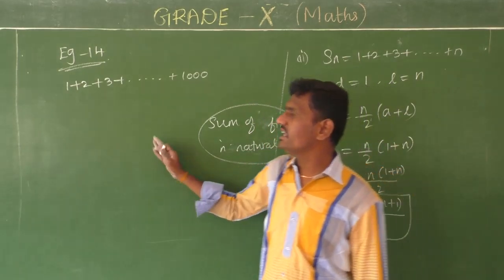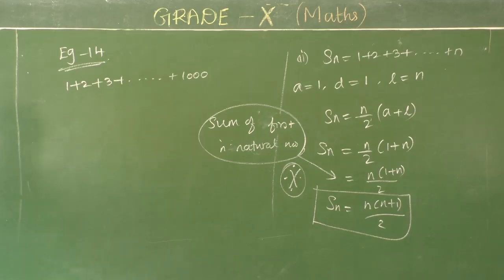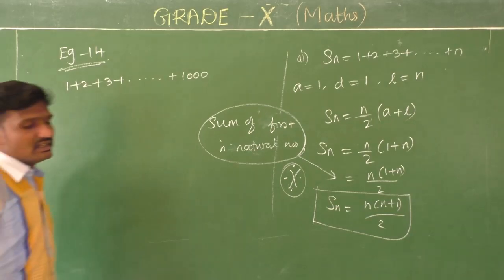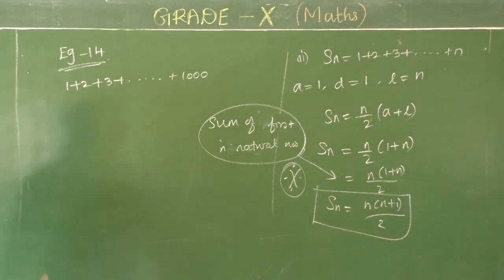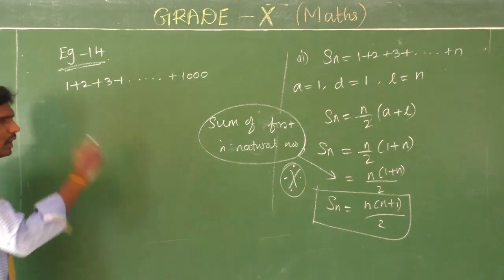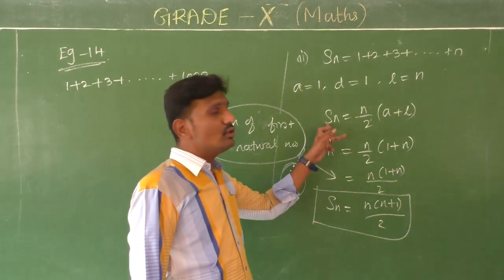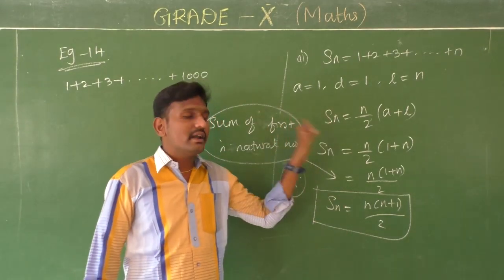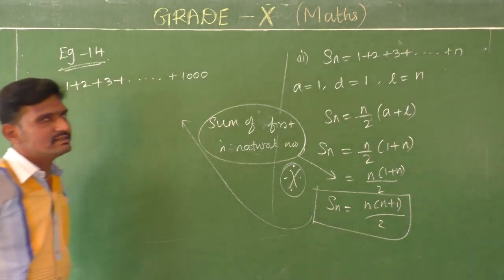Okay. So let's see the example for the first question also: find the sum of the first 1000 positive integers. First 1000 means starting from 1 only. So here also take a equal to 1, d equal to 1, n equal to 1000 to use this formula, or otherwise directly I am using this formula. Both give the same result.